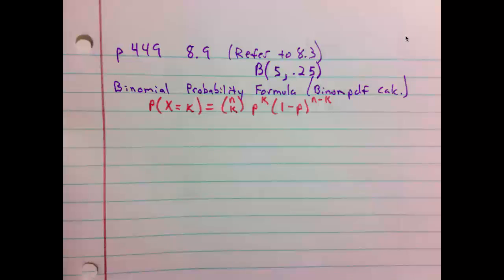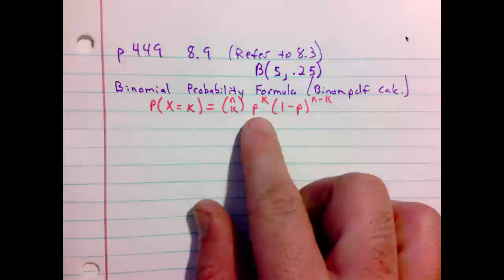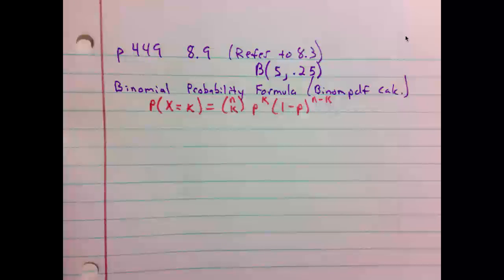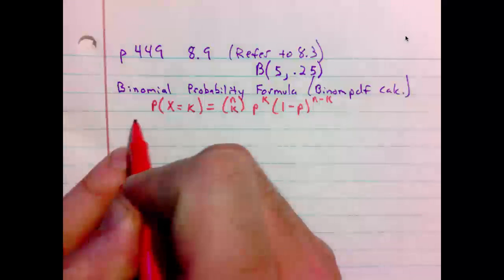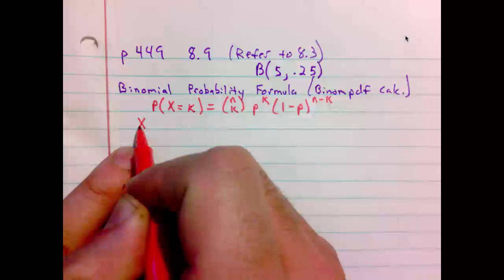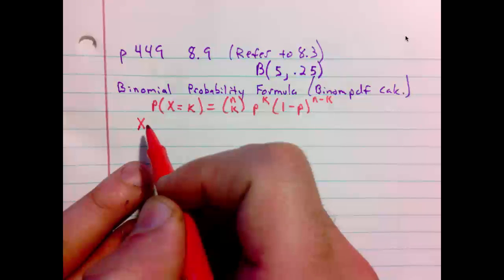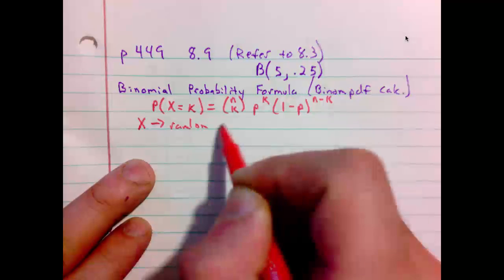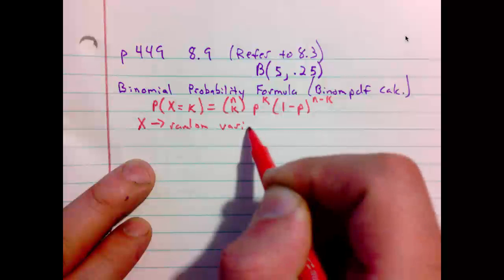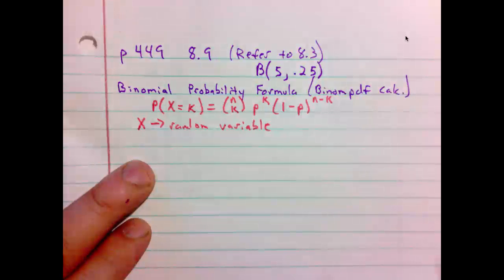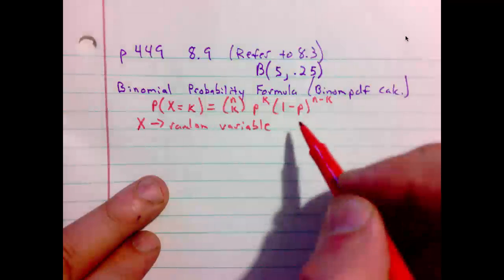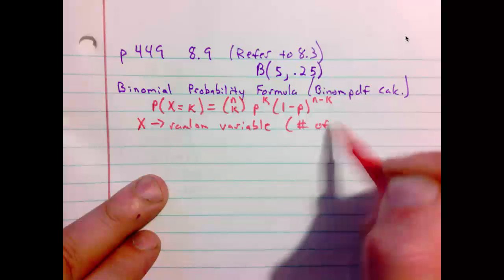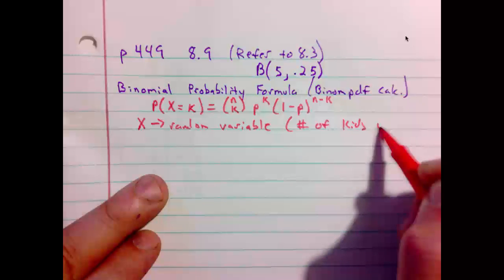Alright, so let's define each of these parameters. X is simply our random variable. For our particular problem, it is the number of kids with type O blood.